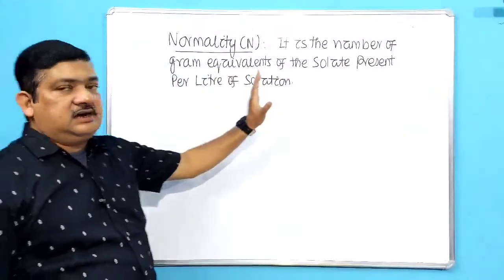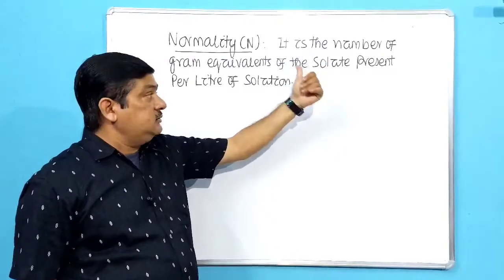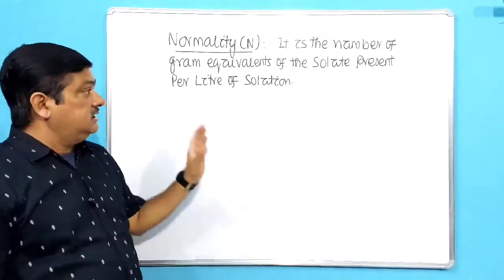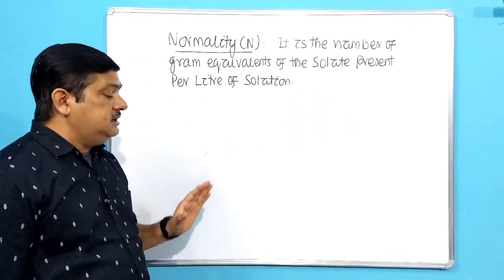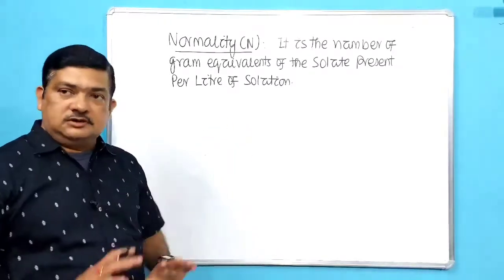So the only difference between normality and molarity is, in case of molarity, it was the number of moles of the solute. Here it is the number of gram equivalents of the solute present per liter of the solution.